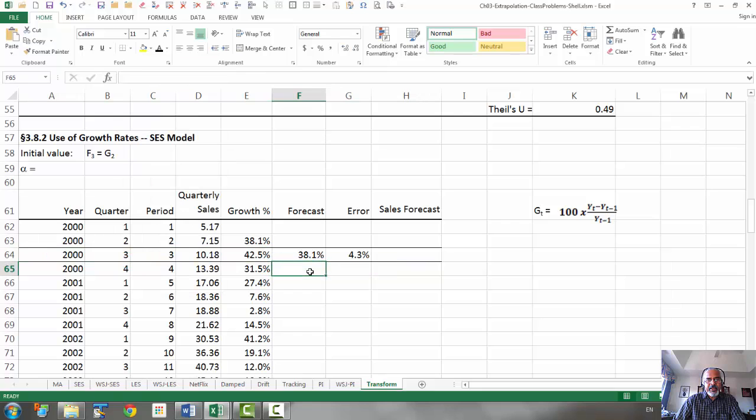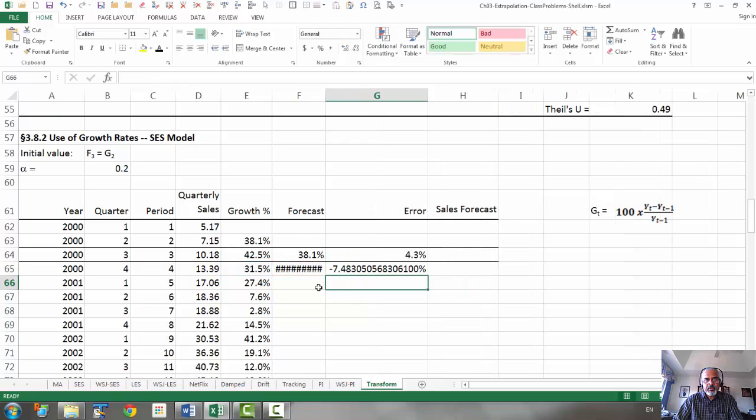And then we can set up the forecast. And for that, let's enter 0.2 as our trial value. And our forecast here is the previous forecast plus alpha times error, and the error is the actual minus forecasted growth rate.